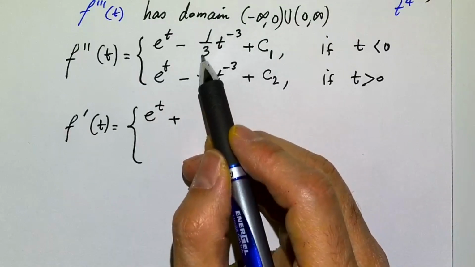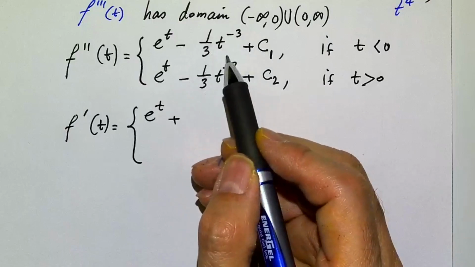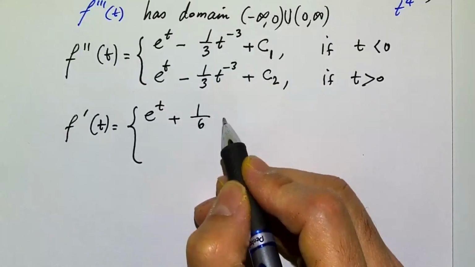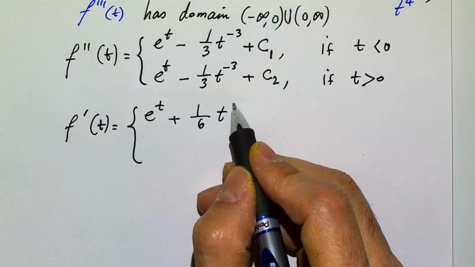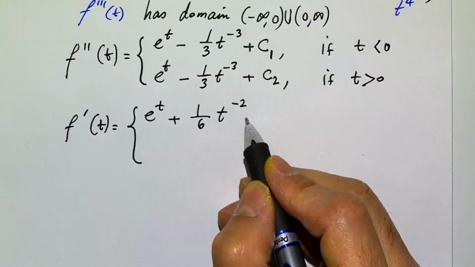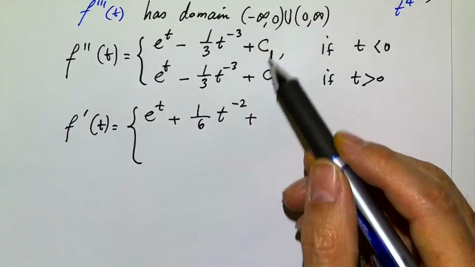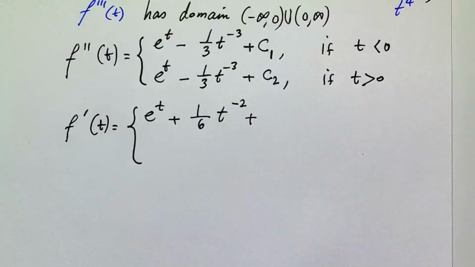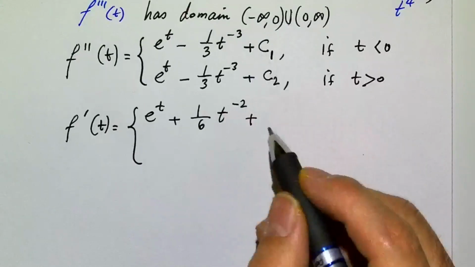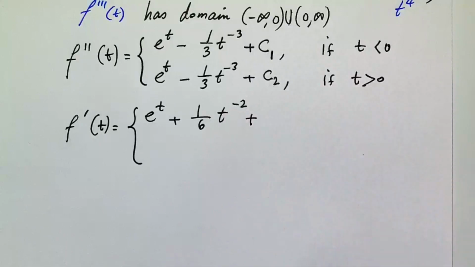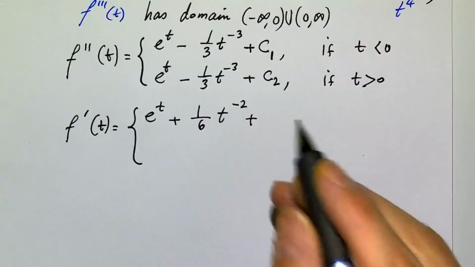Divide this by -2, you get positive 1/6. So 1 times t to the -2 and plus. We used up c1 and c2. We keep those, but then we add d1, d2. Let's do it that way.